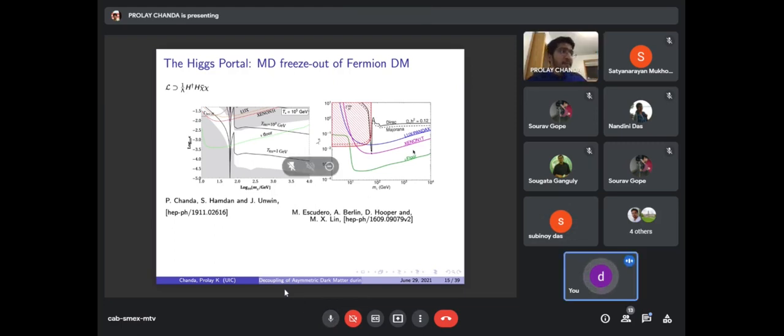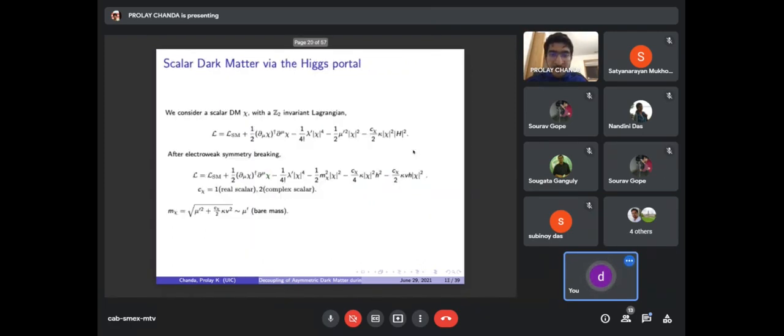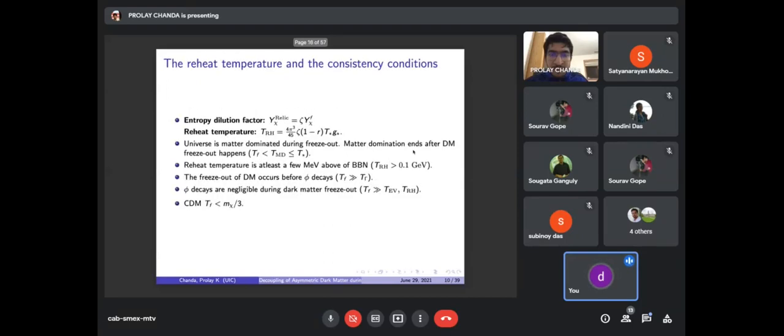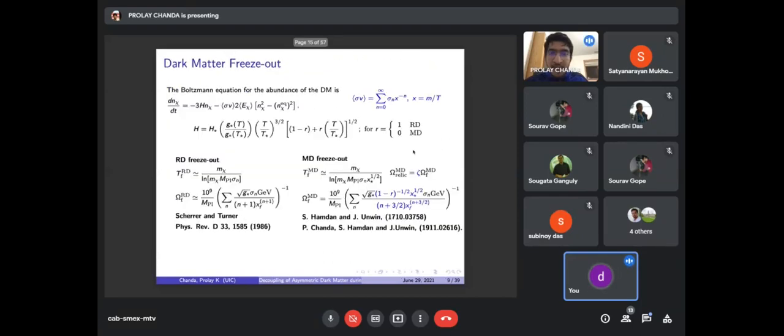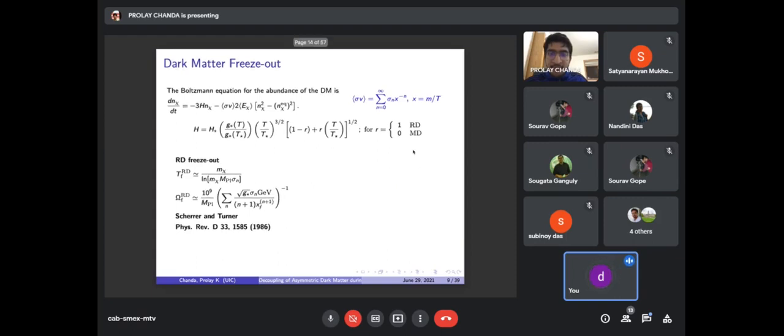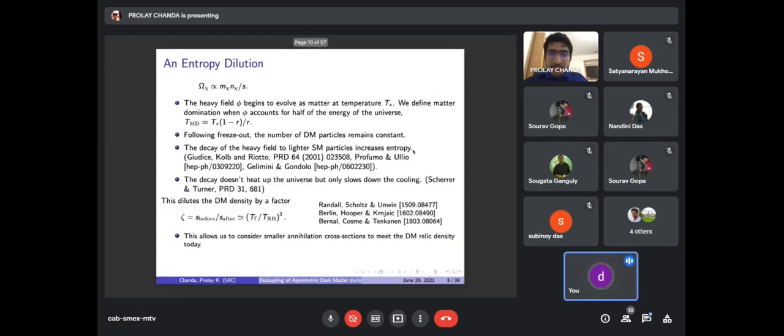I have a question. As you are considering the entropy dilution, the dark matter mass would be higher than in the normal situation, because the numbers are less due to dilution, so you need a higher mass. So now my question is, can you put some bound or any theoretical constraints on how much entropy can be diluted?